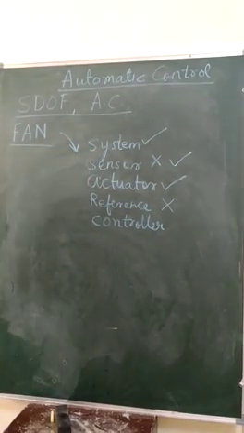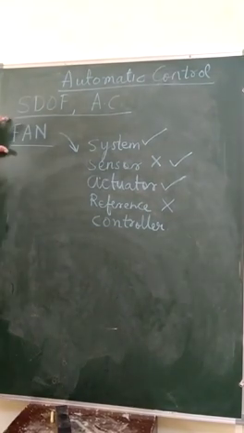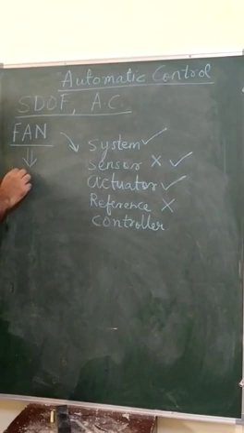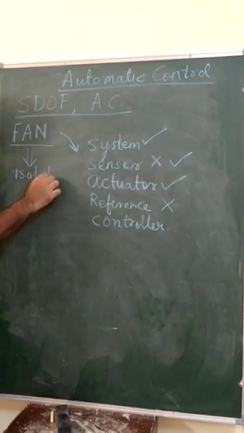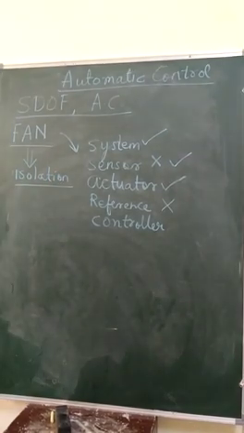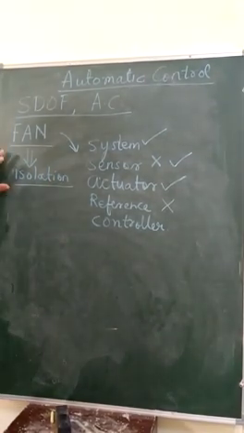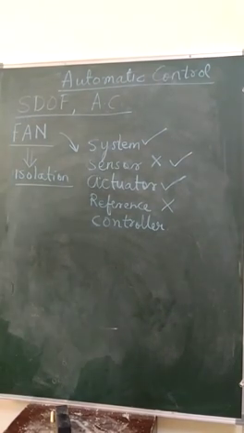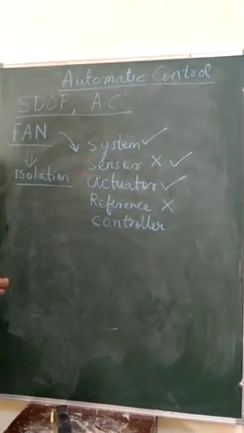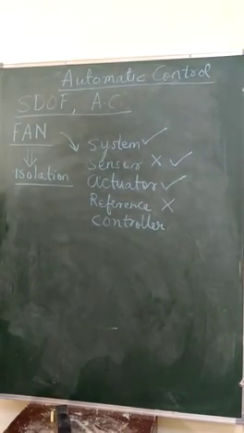Okay, so let me go into detail. If I look at fan in isolation, I'll just explain what I mean by in isolation. That just fan working over your heads. If I just look at it, it will still be a control system whose speed you can control. But it is a system where you do not take any feedback from the system.